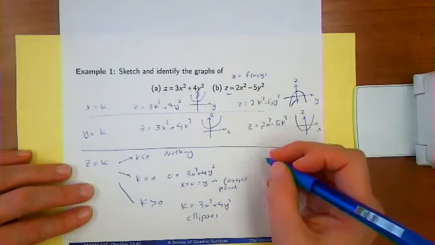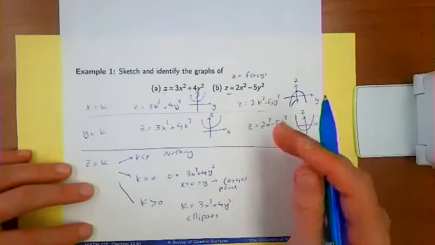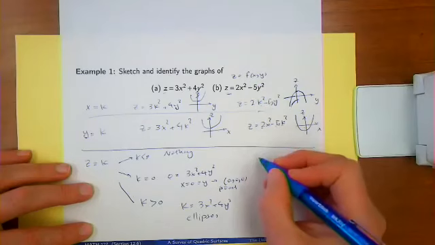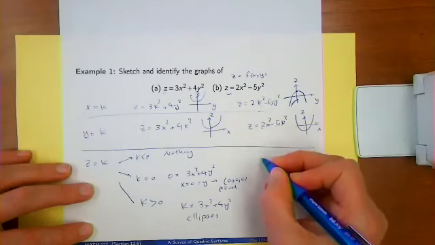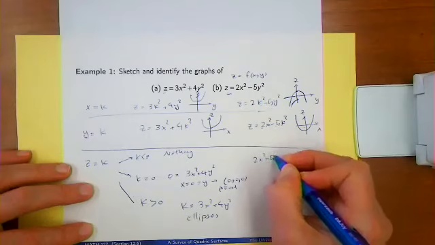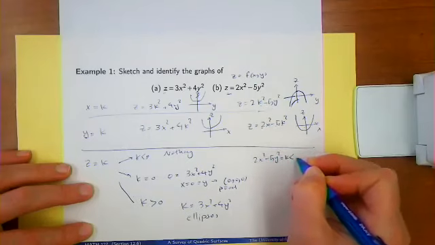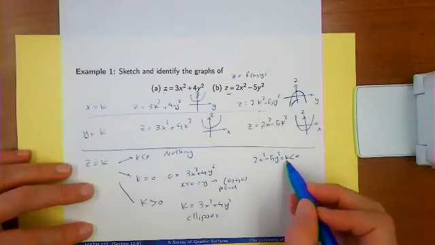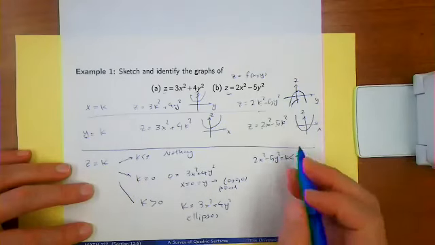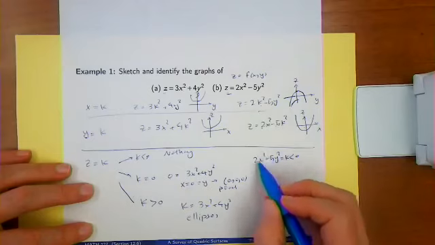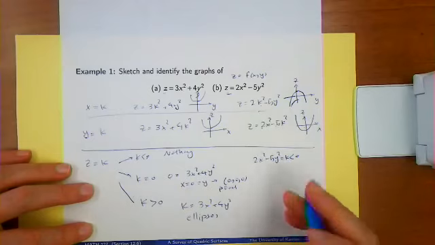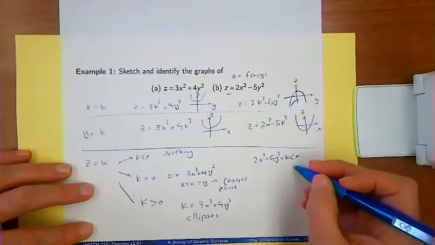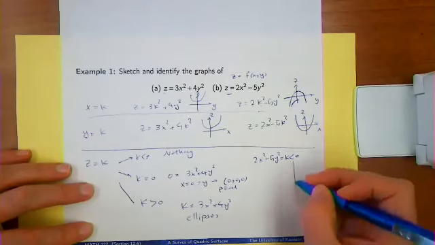Over here, basically, for k equal to a negative value, so let's say 2x squared minus 5y squared equal to k, a negative value. I know the difference of two perfect squares equal to a number is going to be hyperbolas.